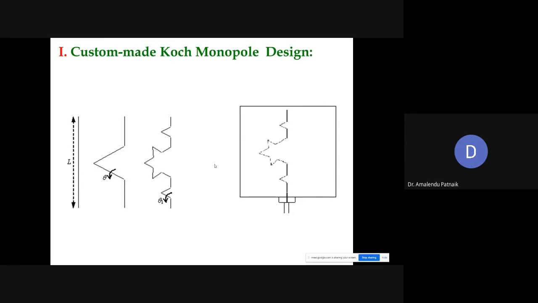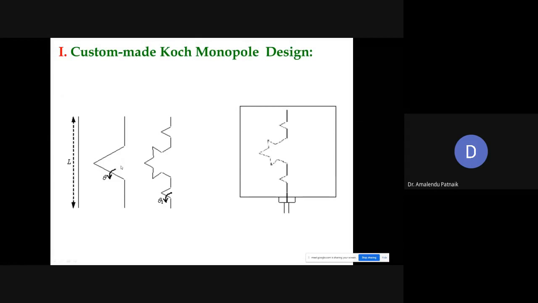As far as this Koch monopole antenna is concerned, the parameters are the total length of the antenna or monopole, L, and in each iteration you are creating this structure, and each side is of the same length with a certain angle theta. But you can play with this theta angle.